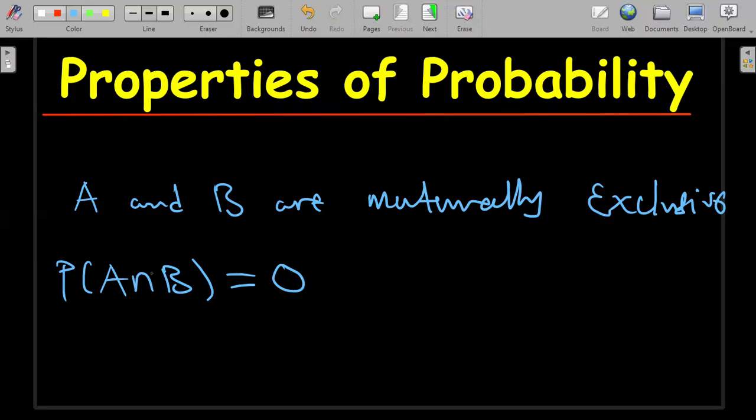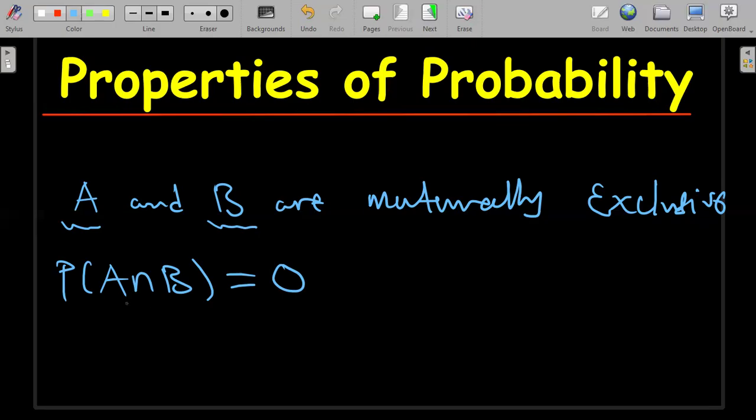This simply means that there are no common events occurring between A and B. So if A and B are mutually exclusive, the probability of their intersection is 0.